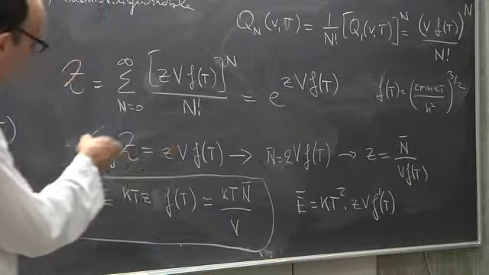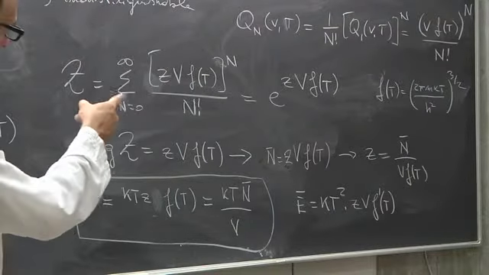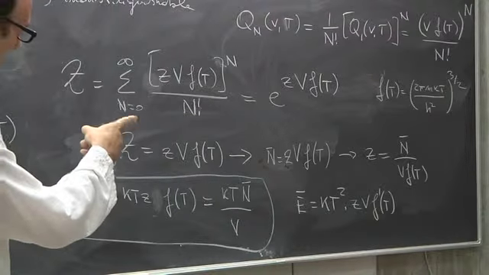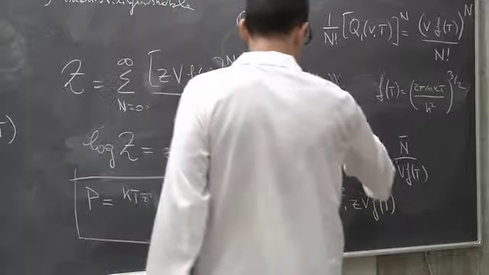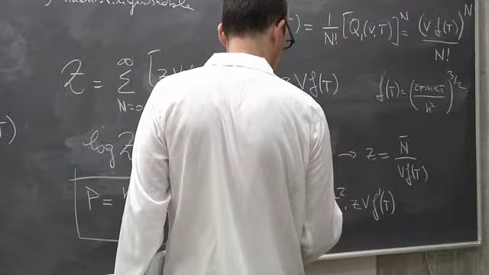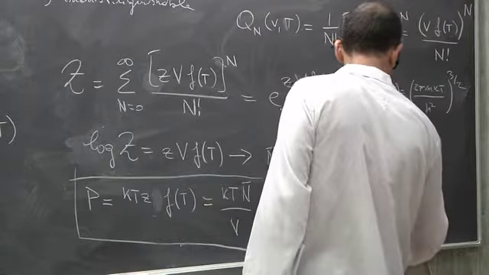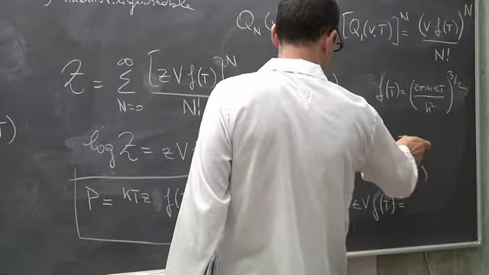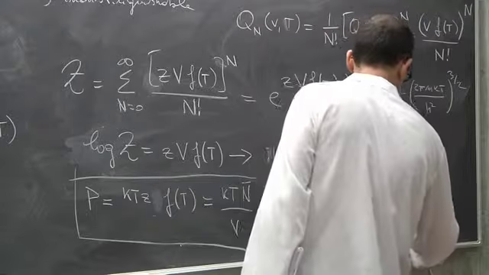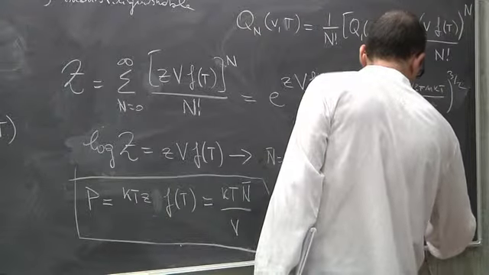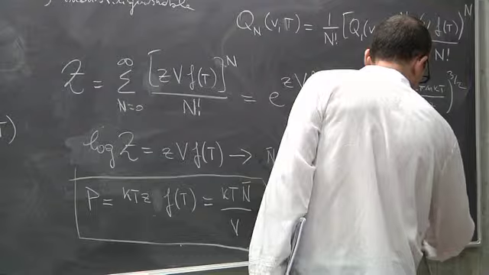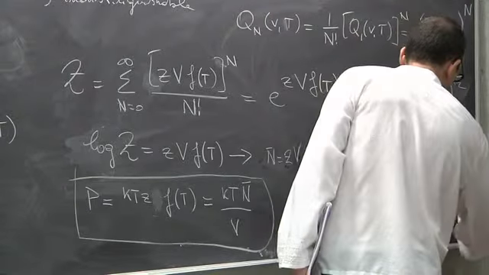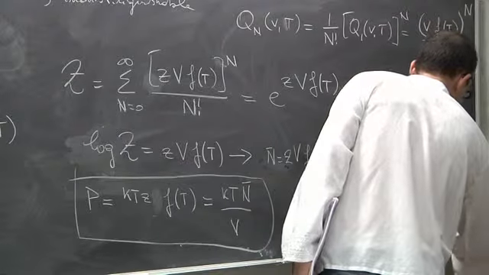And if I eliminate the z by using this, since z times v is N over f of t, I get that the average energy is kT squared N times f prime of t divided by f of t.